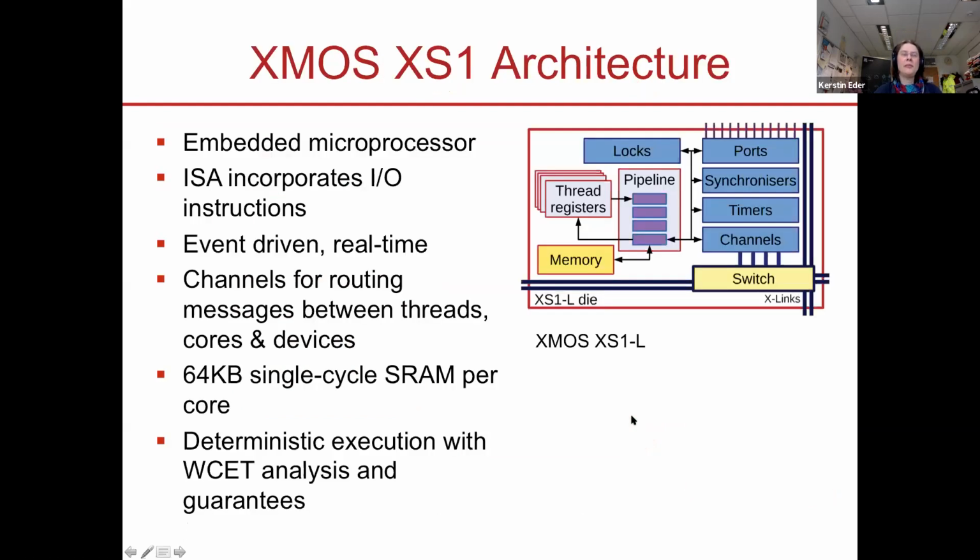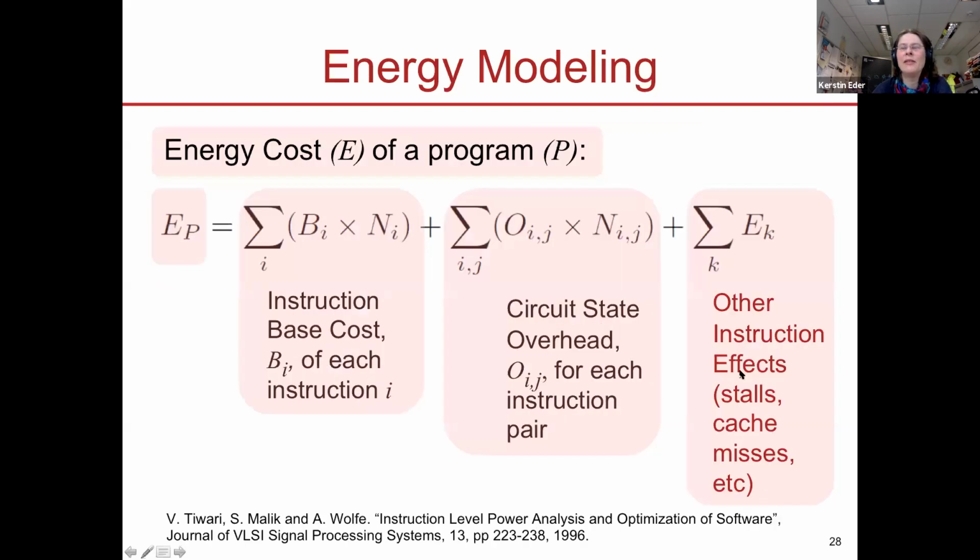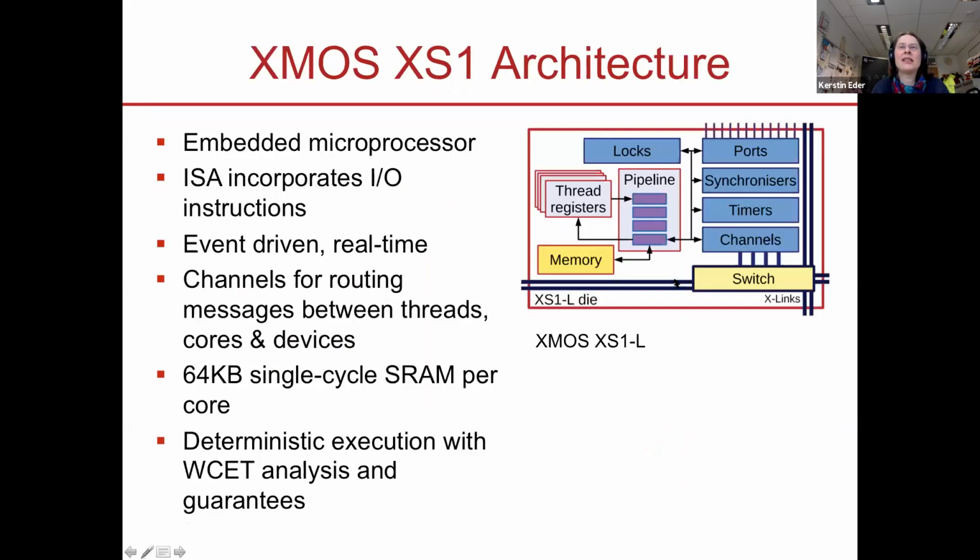So we've been diving into instruction level energy modeling. That was our first attempt. We grabbed this model and said, okay, let's have a go at this. And in order to minimize the effects of this last box, the instruction effects, the microarchitectural effects, we picked an architecture that is very simple, the XMOS XS1 architecture. You can see a picture of it here. It's an embedded microprocessor.